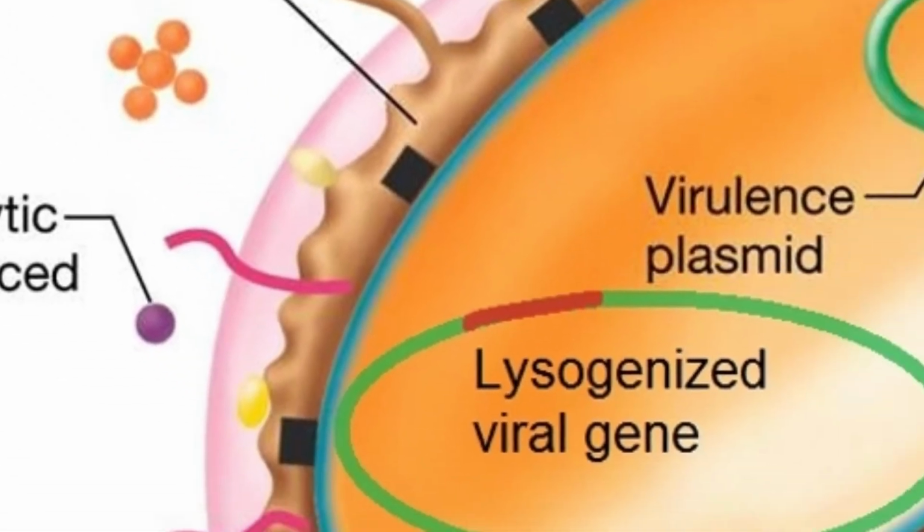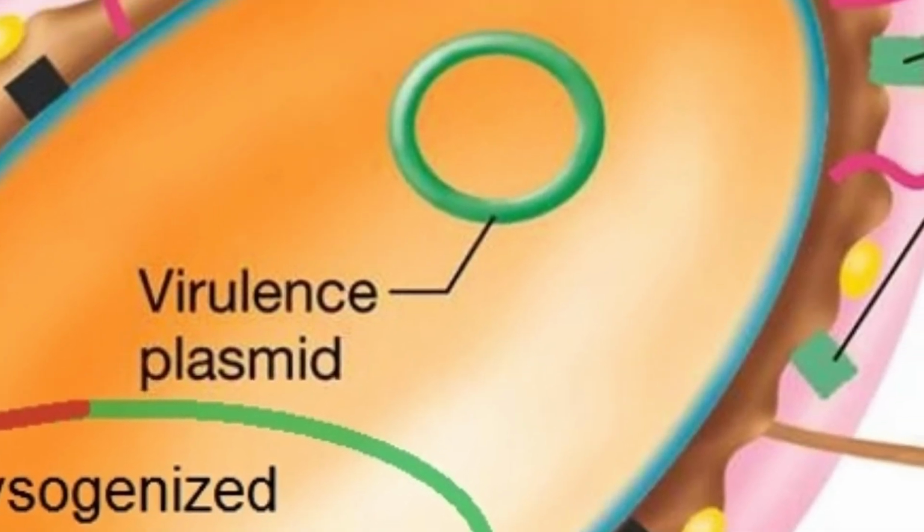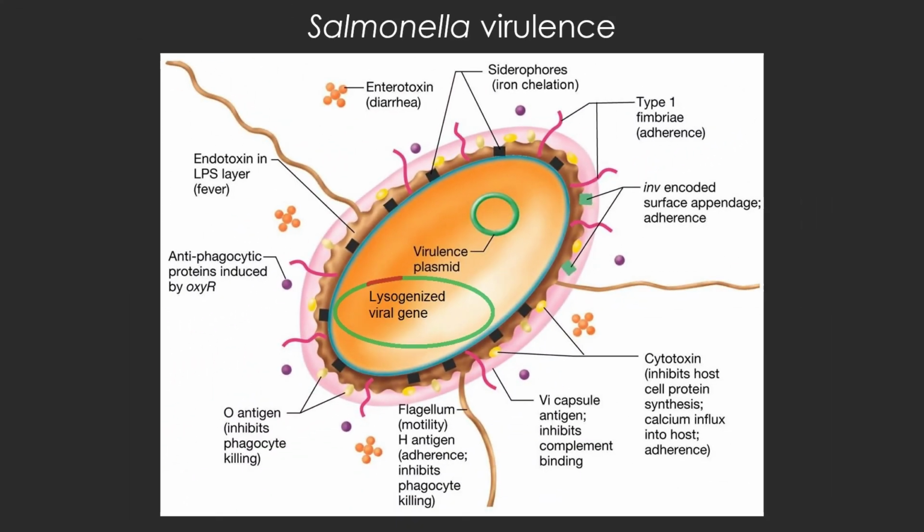And that's just on the outside of the cell. Inside of the cell, there's a lysogenized viral gene shown in red, and on top of that, a virulence plasmid, which is going to carry with it resistance to antibiotics. So multiple things can come together in these bacteria in order to create increased levels of virulence.